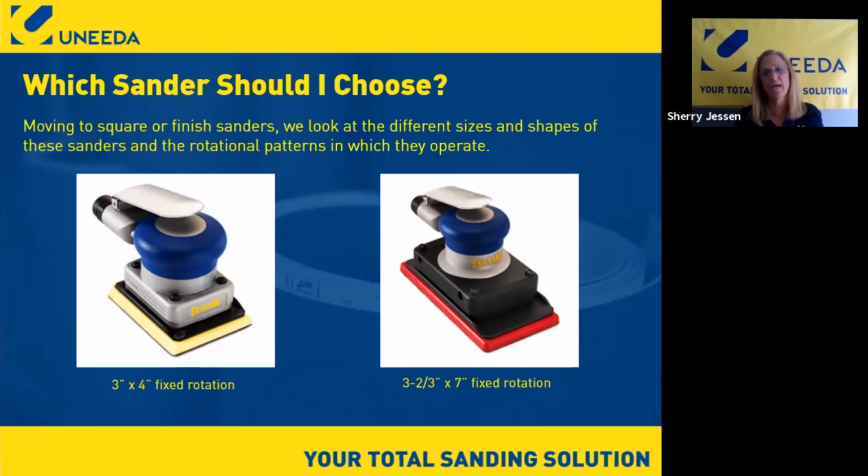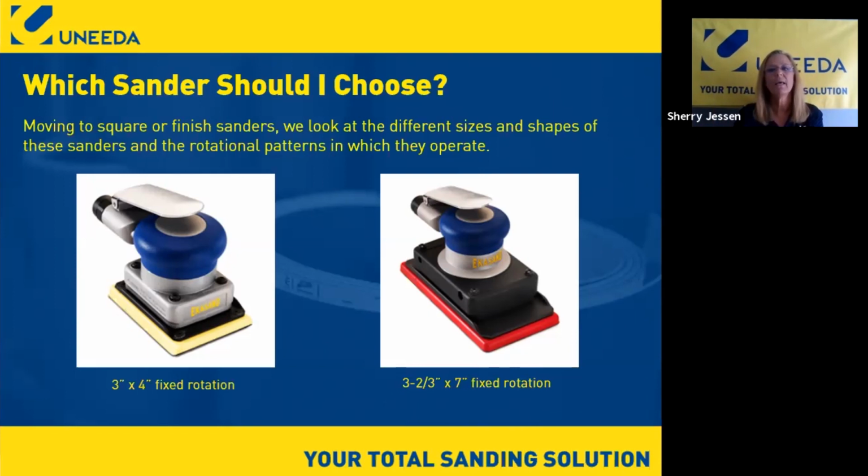One of the things I'll hear, especially in the finish room, is somebody telling me, gosh, the 3x4 just takes me so long. It's such a small footprint. And you've got refrigerator panels, other products, even larger cabinet doors. My pantry doors are really big, and it would take forever to get in and sand corner to corner with those.